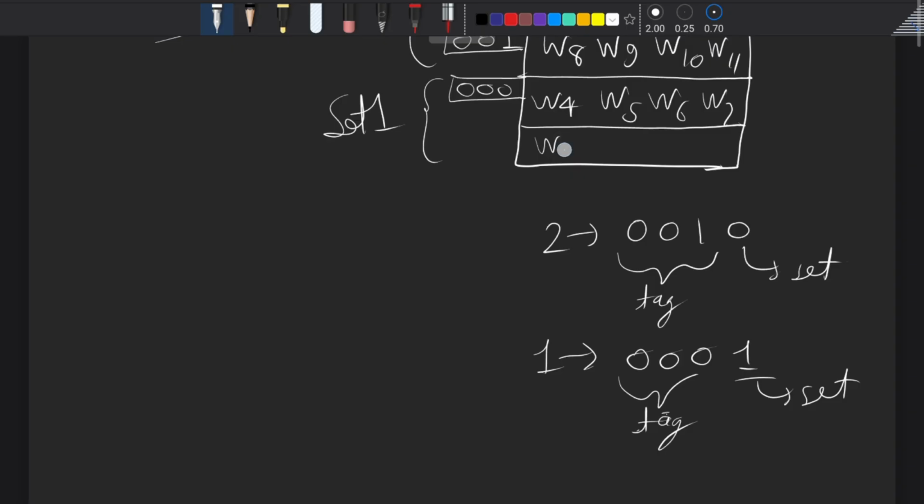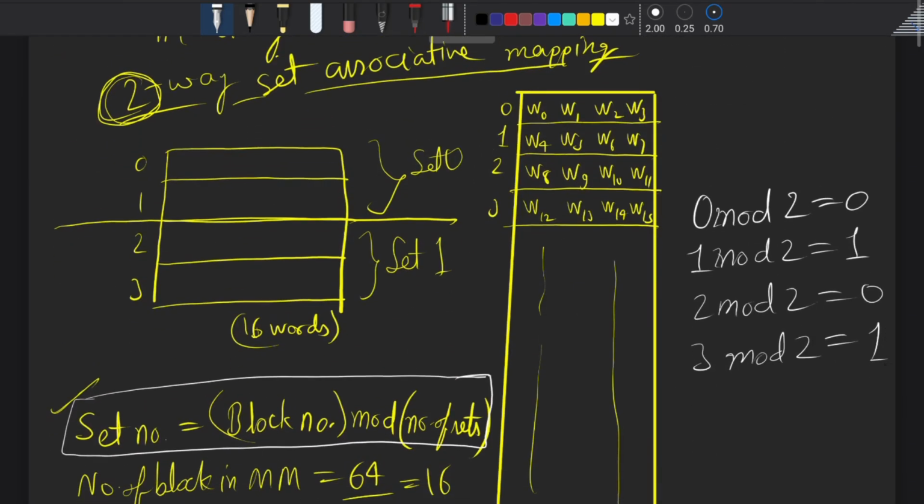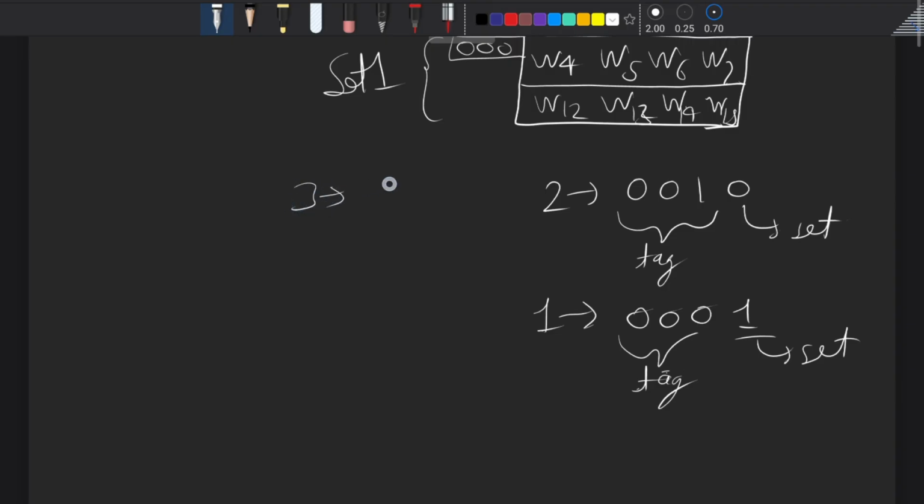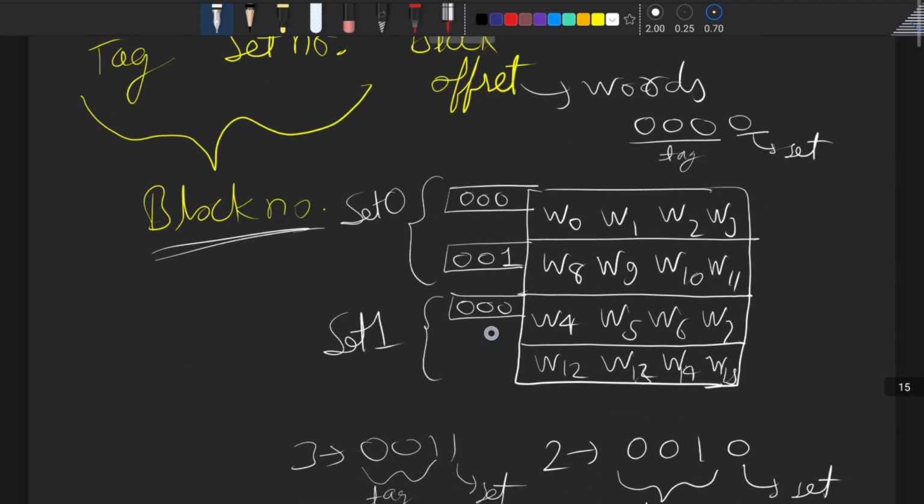Now we have word 12, word 13, word 14 and word 15. From this you can say that these belong to the third block, which you can represent as 0, 0, 1, 1. Here these are tag bits and this is the set bit. So it can be easily represented here as 0, 0, 1.